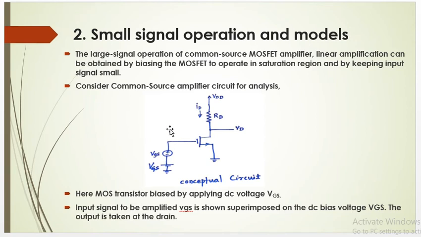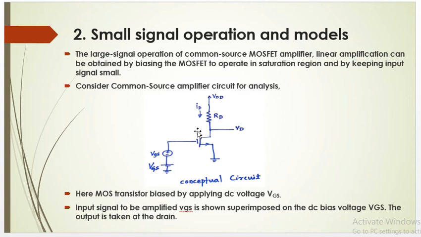So in DC analysis, this time varying signal that you are giving from a function generator or audio, that particular signal vgs, you are making 0. So with lowercase vgs equal to 0, your circuit has only DC voltage sources, VDD and VGS.